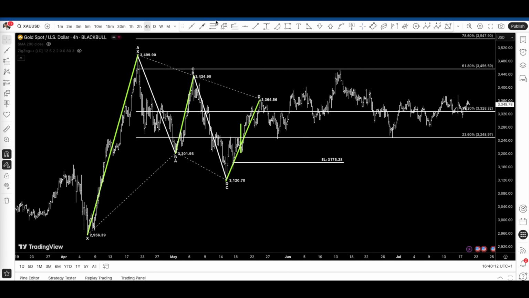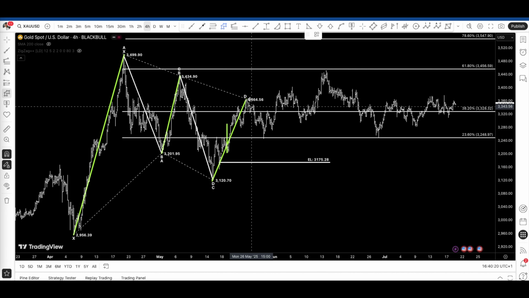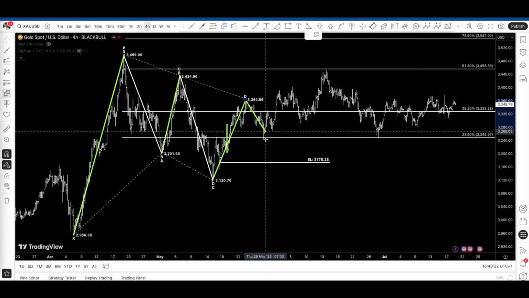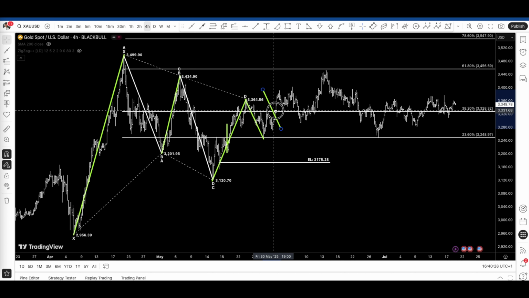Now, as the price finds support at the 23.6%, we begin to do equal legs again along the way. So we have here another one, for example.